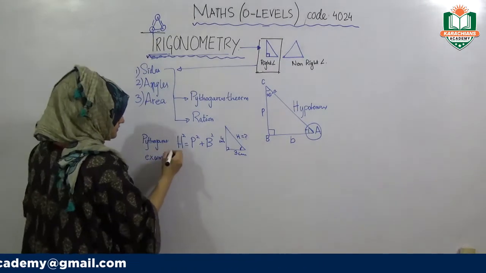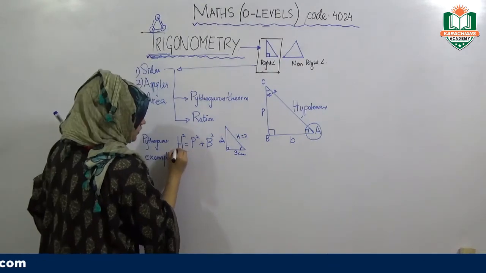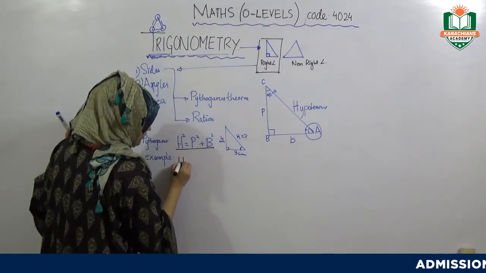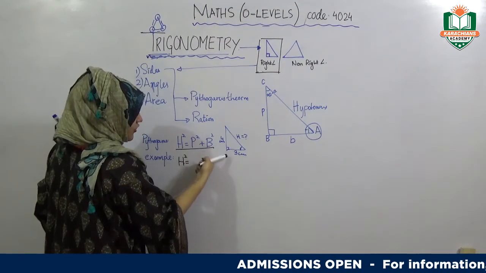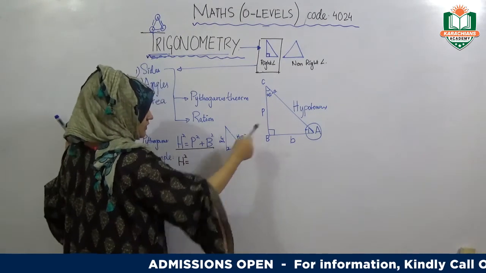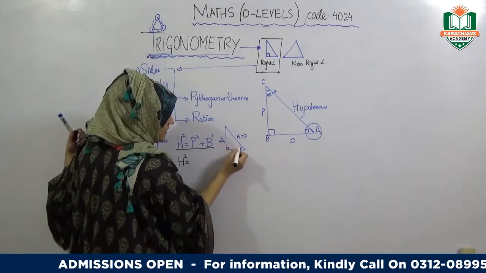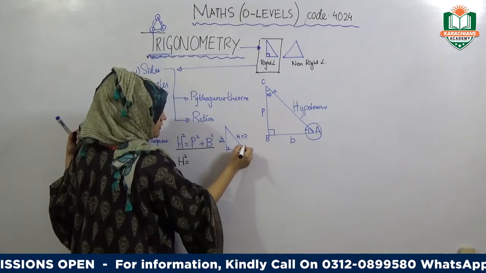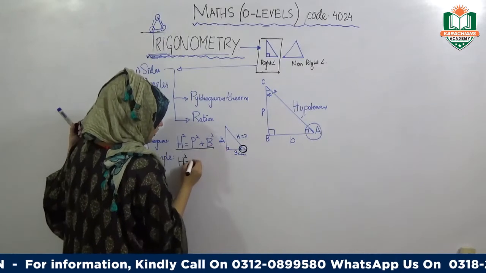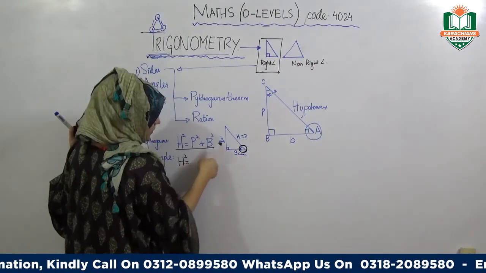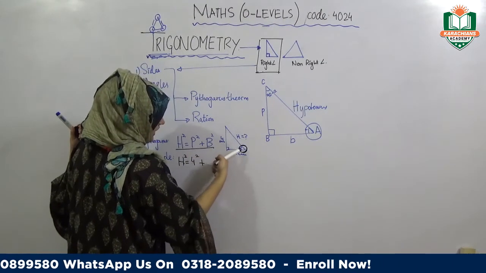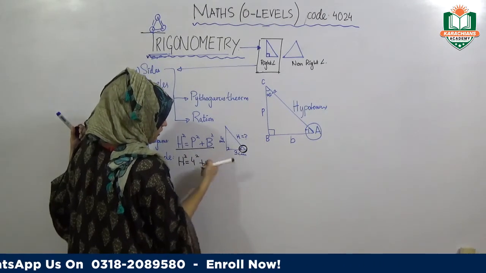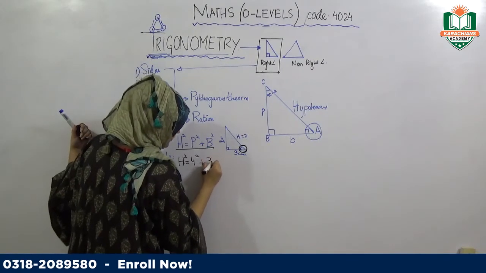Now what we have to do is write it like this, and square our perpendicular. As we discussed, the side in front of your talking angle is your perpendicular, so that is 4 squared, plus the base, the side beside your angle, which is 3.